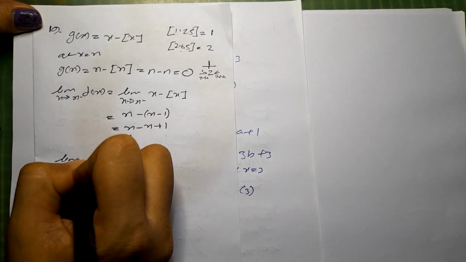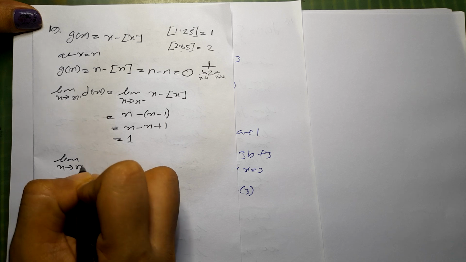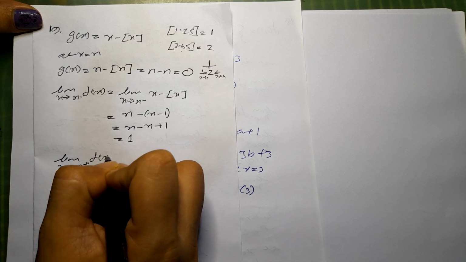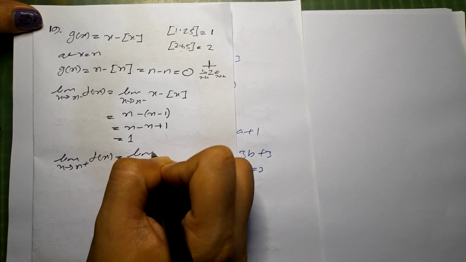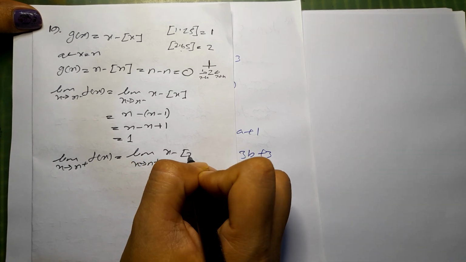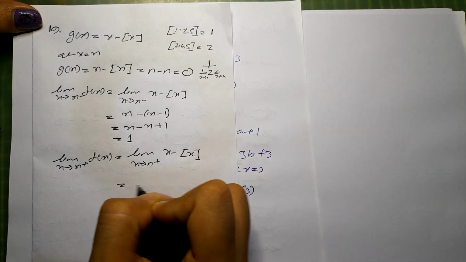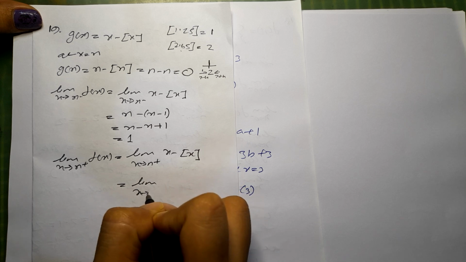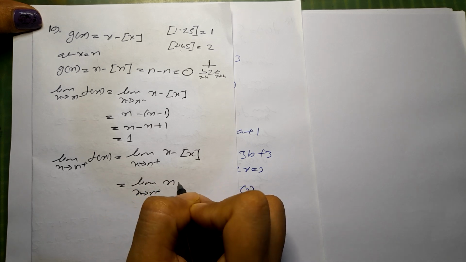Right hand limit: limit x tends to n plus of f(x) is equal to limit x tends to n plus of x minus [x], so this is n minus n.